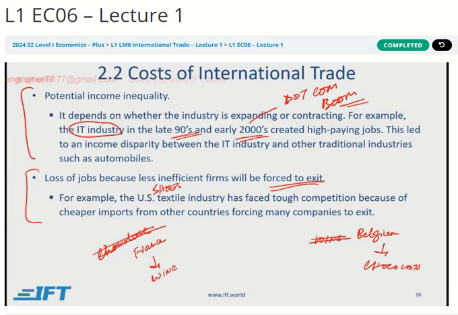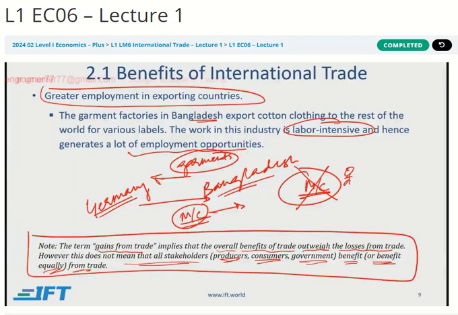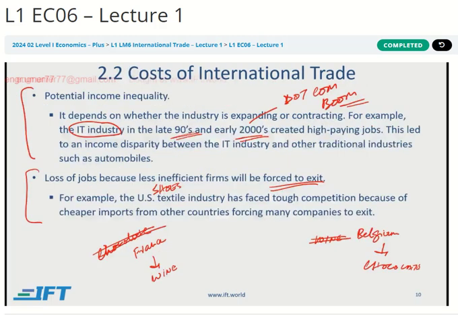God knows what's next. So this is something that happens. It's a cost of trade, right? But overall, what one should focus on, again coming back to this slide, is that the overall benefits outweigh the losses. However, there are certain costs that we need to be aware of.